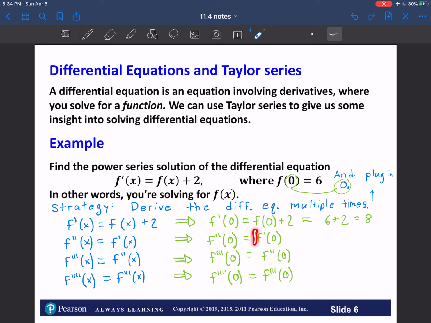Let's use that information here. If f prime of 0 is equal to 8, then f double prime of 0 must be equal to 8. And f triple prime of 0 must be equal to 8, because now f double prime is equal to 8. And so on and so forth. These are all equal to 8.